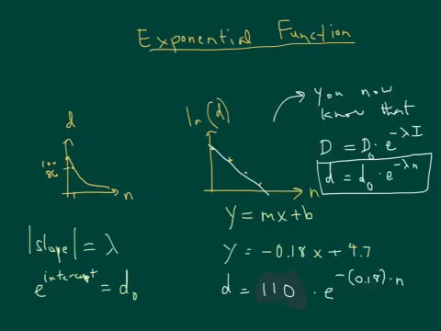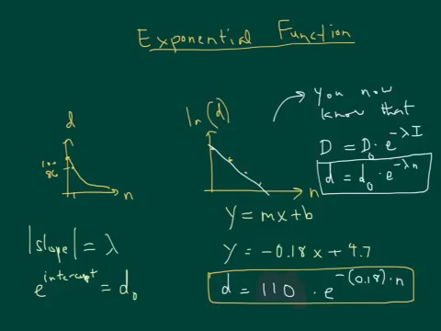And so this here would be my exponential decay function. It tells me how the number of dice remaining varies as a function of the number of rolls, given the experimental setup that we take out all of the 6s every time we make a roll.